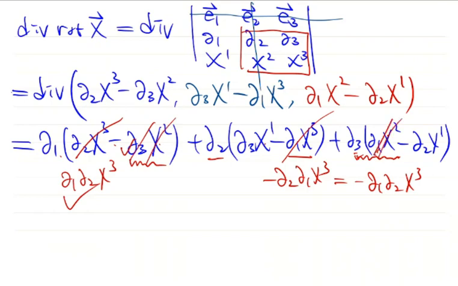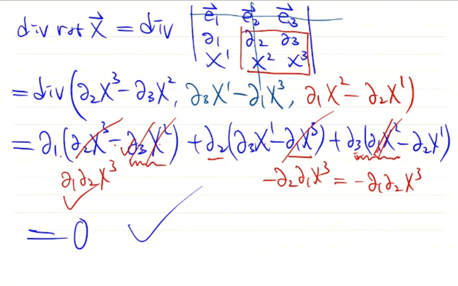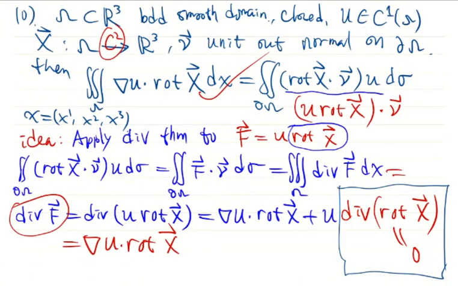Finally, for x1, d2 d3 x1 and d3 d2 x1 also cancel. So in conclusion, the result is 0. This proves that taking the curl and then the divergence gives 0. This is what we need in the proof of this question. So we have this, and we have already proved this.